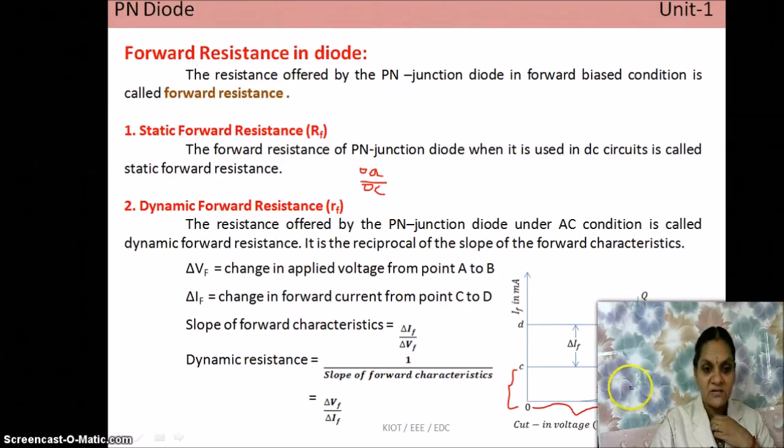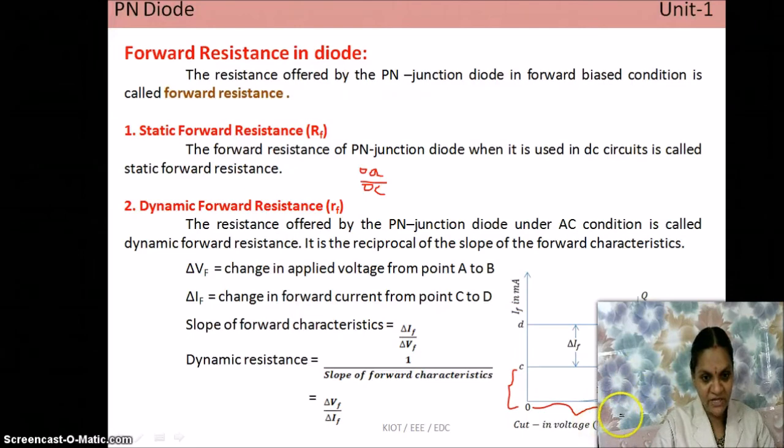So for that, you draw again 2 vertical lines from point A and point B. They touch the characteristics at E and F respectively, and you extend them horizontally from those points. You will get the points C and D. So from point A to B, this portion is called the change in voltage.